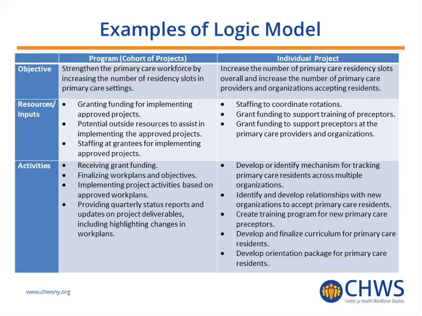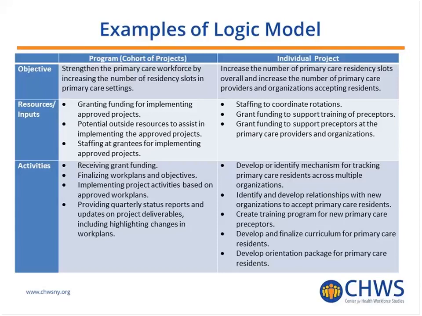On the right-hand side, where I'm thinking about the individual project, I'm thinking about those activities I'm doing based on the resources I've been using to implement the individual projects, where on the left-hand side, I'm really thinking about myself as a program officer, thinking about all the projects I'm implementing.